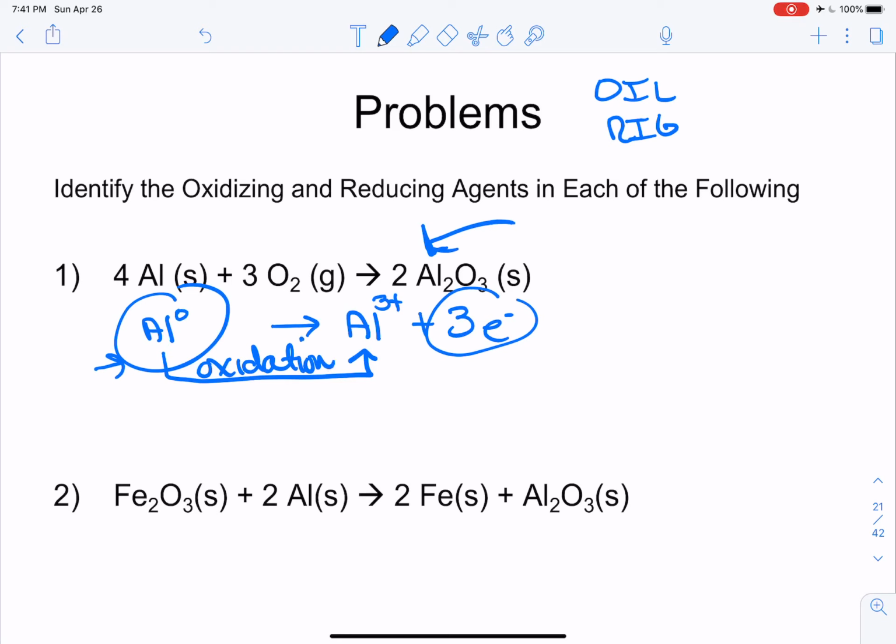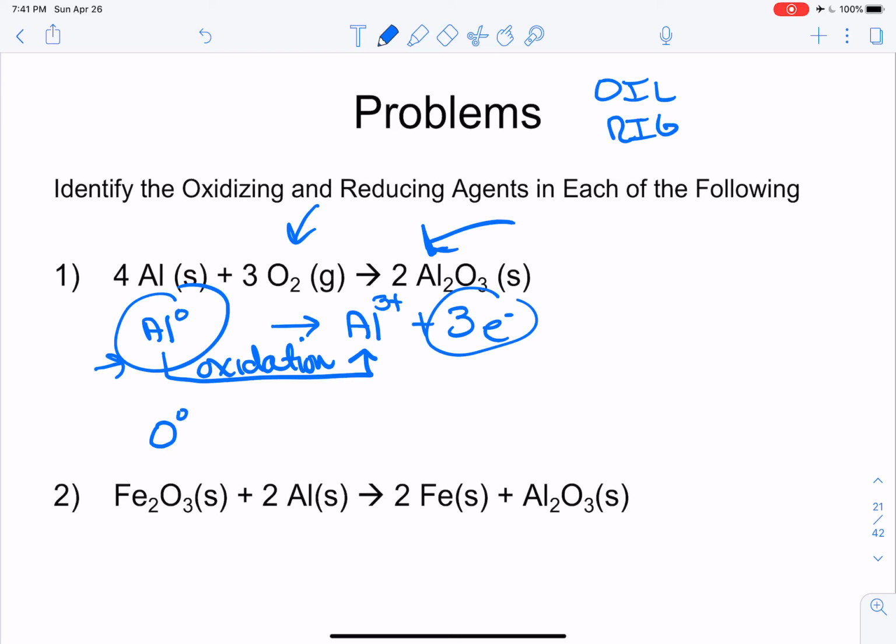Okay, and then we have to look at what happens in this reaction with the oxygen going from an oxygen in its normal state, which is as O2 gas. And remember, we're just going to look at one atom at a time. I know it happens as O2, but just one atom at a time here.